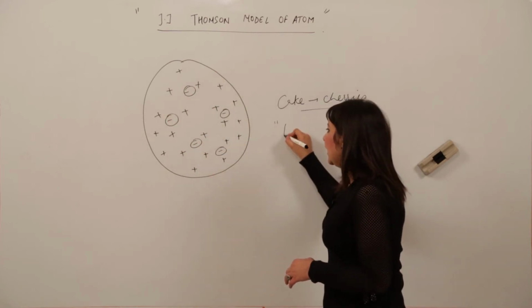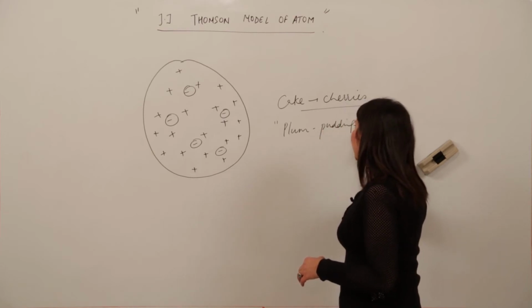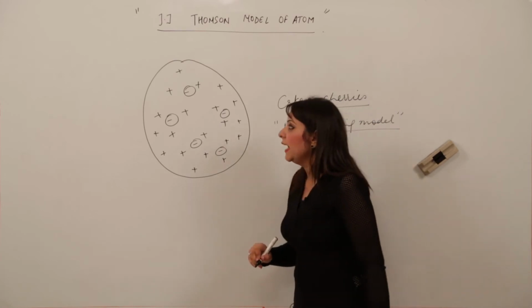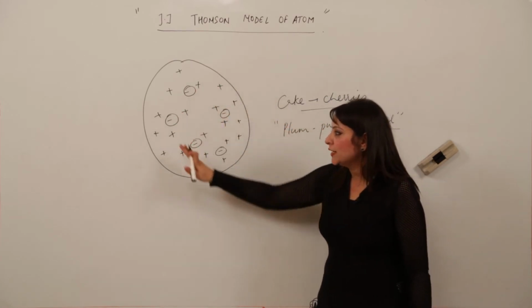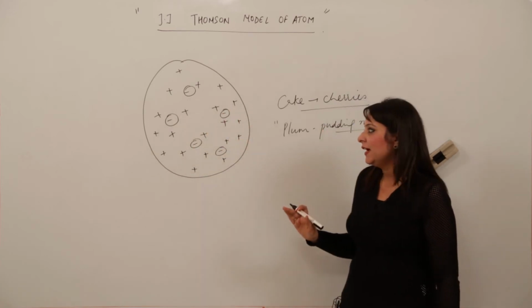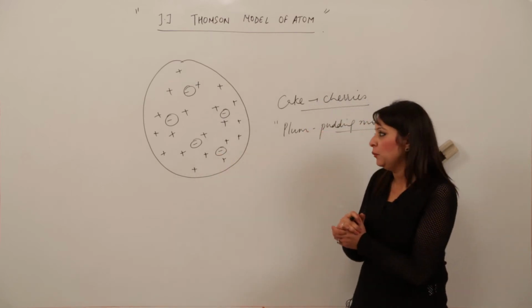And he named his model the plum pudding model. I am repeating again, just listen carefully. He said that atom is a positively charged sphere with a few negative charges scattered all over, right? And the model was called the plum pudding model.